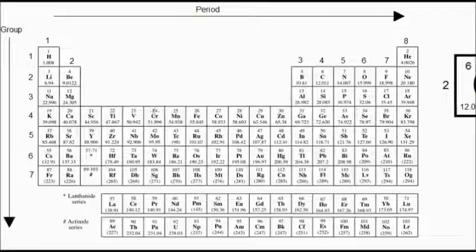And we know what these numbers mean, and to remind you, the atomic number means the number of electrons the atom has, and also the number of protons the atom's nucleus holds.